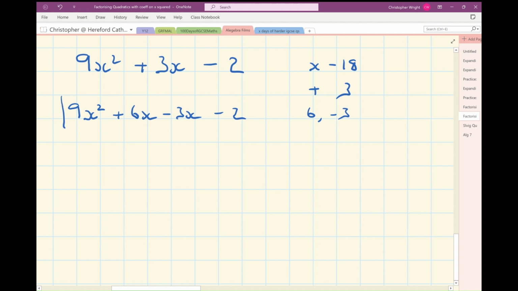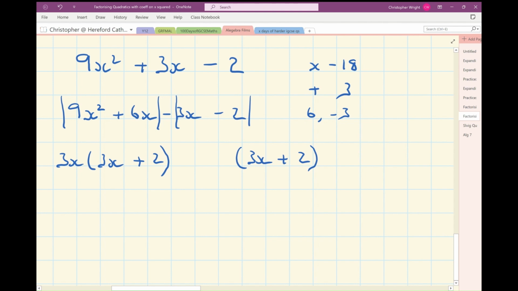Again, I'm going to think of this as being made up of two expressions, and I'm going to factorize each expression. So I'm going to factorize the 9x squared plus 6x. What can I take out of there? I can take out 3x, gives me 3x plus 2. Now, when I factorize the second expression, I don't really mind what I'm going to put outside it, but I want to end up with 3x plus 2 in my bracket.